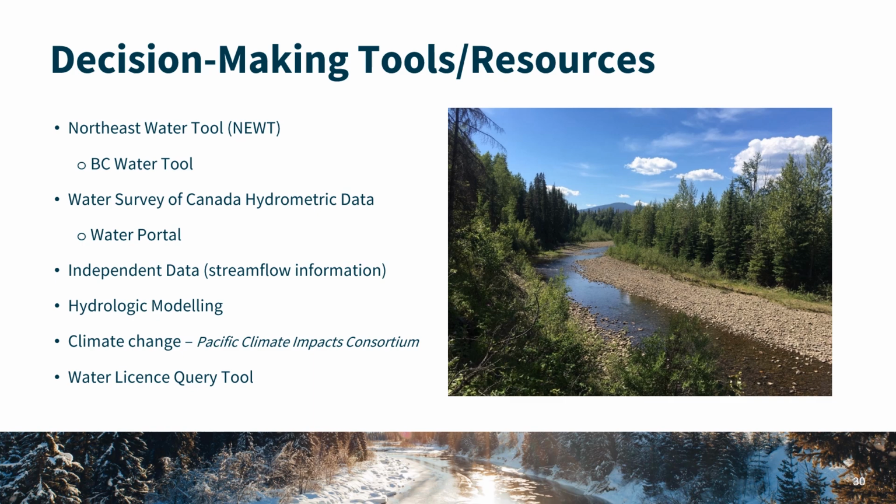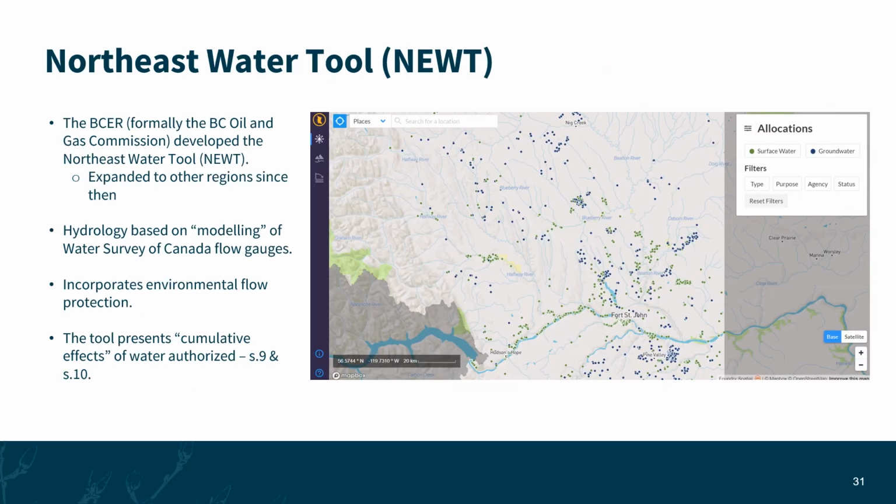So I mentioned the Northeast Water Tool. The Northeast Water Tool is a very user-friendly map-based flow hydrologic analysis tool that basically is able to try to generate potential stream flows in ungauged basins based on the modeling from Water Survey of Canada flow gauges.